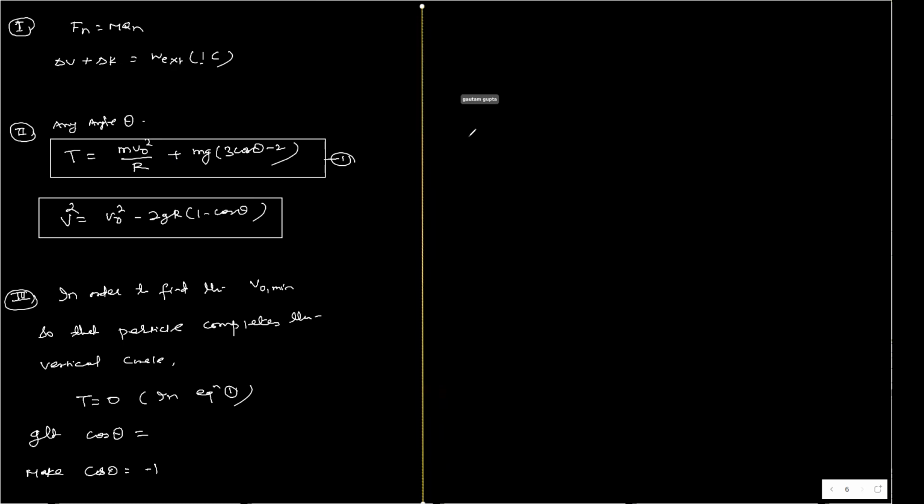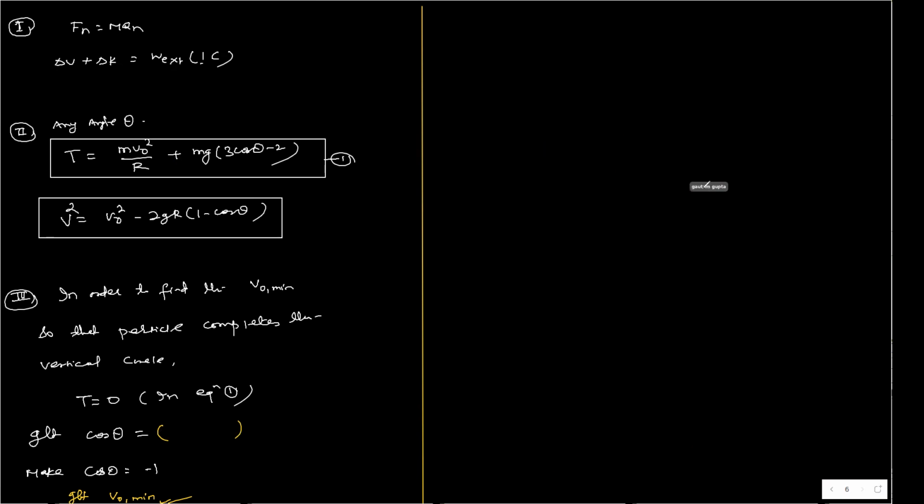That will give you the value of v naught min for which it will complete the circle. Bring everything to the right hand side, make cos theta something, and then put cos theta as -1. That will give you the v naught min. Okay, this is your third point.